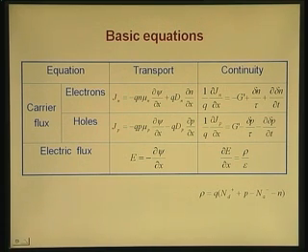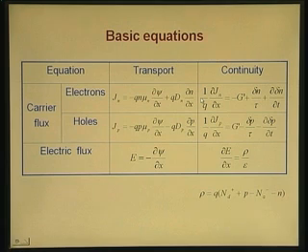Now however, what you find is all these 6 equations are not independent. In fact, there are only 5 variables in these equations which are coupled. That is the concentration n of electrons, concentration p of holes, then Jn, the flux of electrons, and Jp, the flux of holes, and the electric field, which depends again on the concentration of holes and electrons.